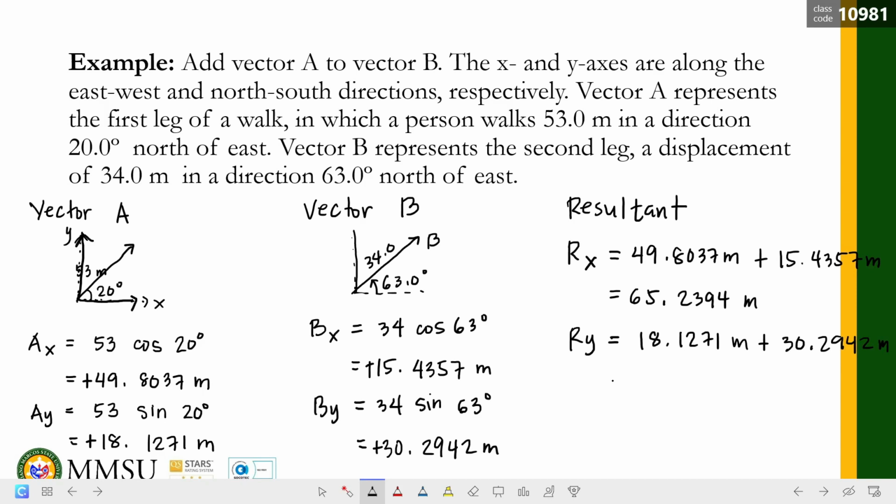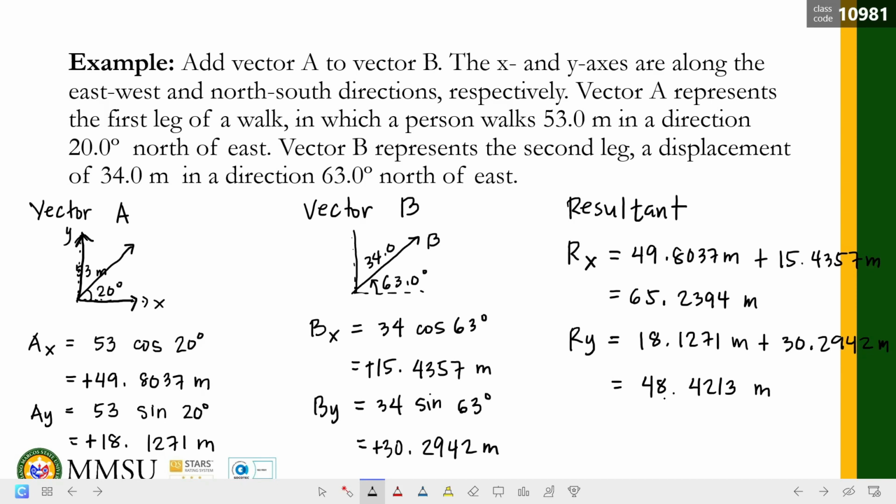Remember, if a component is negative, it should be minus, when our arrow goes downward. 18.1271 plus 30.2942 is 48.4213 meters. So, we now have the resultant components. We just added the x components and the y components.